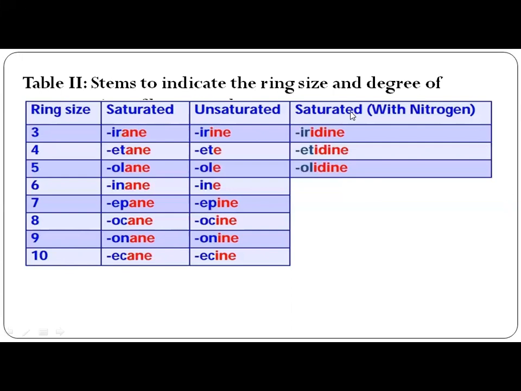If we have a saturated 3, 4 or 5-membered ring with nitrogen as the heteroatom, then our suffixes will be iridine, etidine and olidine. For 3-member it will be iridine, for 4-member it is etidine, and for 5-member it will be olidine.